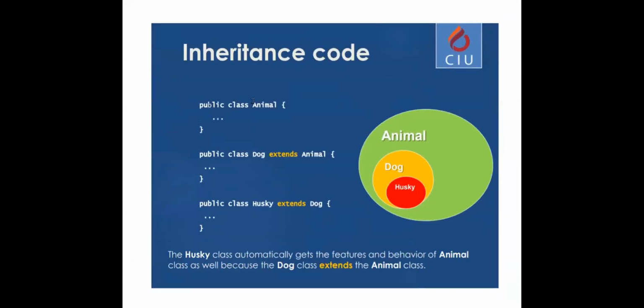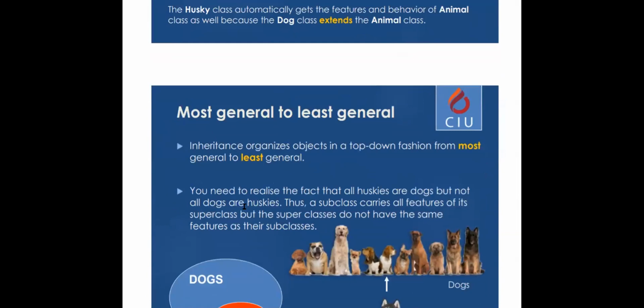The way that you write it also differs. You see public class Animal, public class Dog extends Animal, public class Husky extends Dog. Because Husky extends Dog and Dog extends Animal, whatever properties are under Animal are automatically inherited inside Husky as well.